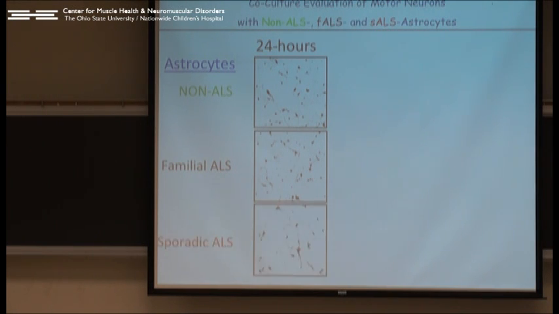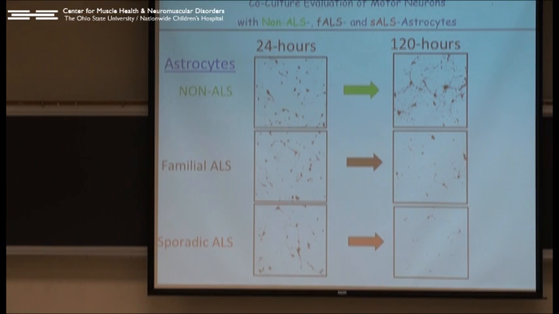So sporadic ALS, we also have patients that had sporadic ALS. What that means is that despite sequencing, we couldn't find a mutation in any of the known mutations that have been described for ALS. So motor neurons are cultured. They look fine in 24 hours. They're spreading out and looking just fine on top of the non-ALS derived astrocytes, and not so good when the motor neurons, again, normal motor neurons, are on top of these human-derived samples.